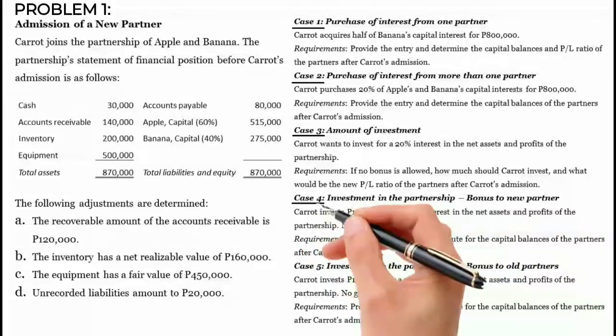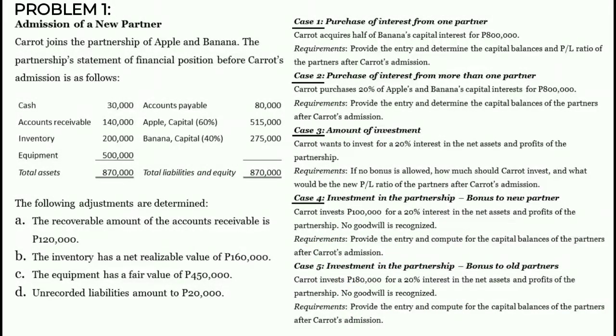Case 4. Investment in the partnership, bonus to new partner. Carrot invests 100,000 pesos for a 20% interest in the net assets and profits of the partnership.